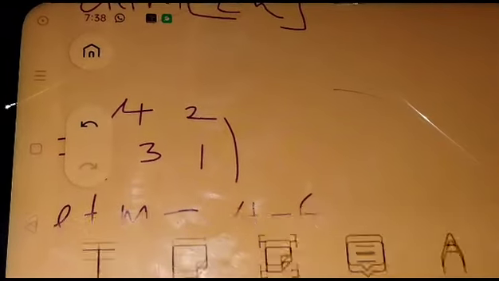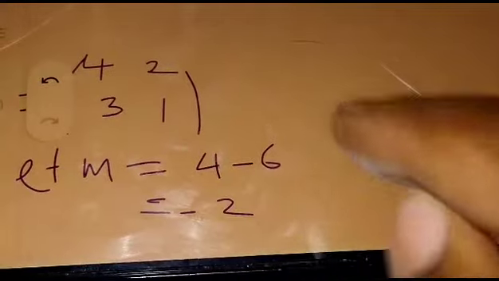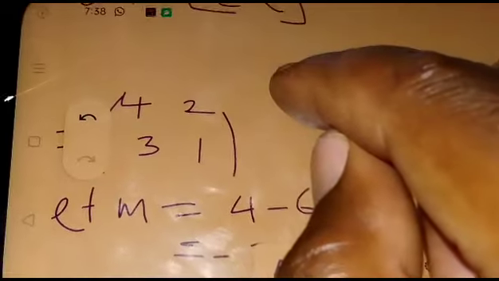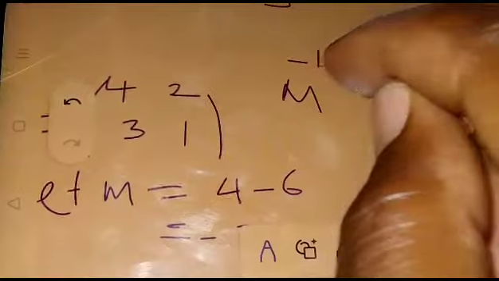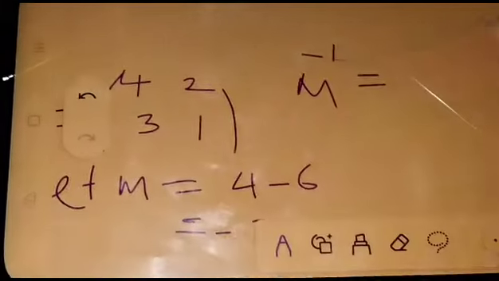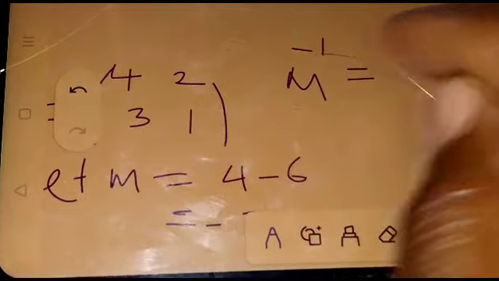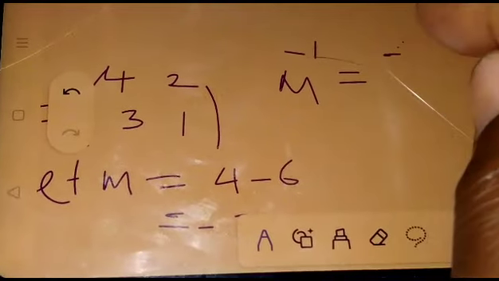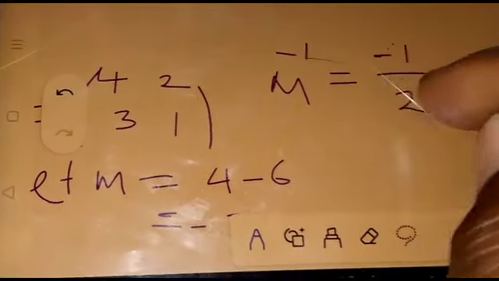Right, so the inverse now turns out to be, M inverse will be equal to 1 over the determinant, so the determinant is negative 2, so we can call this one minus 1 over 2.